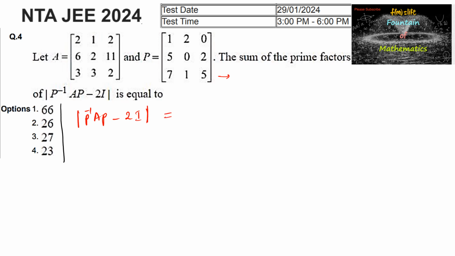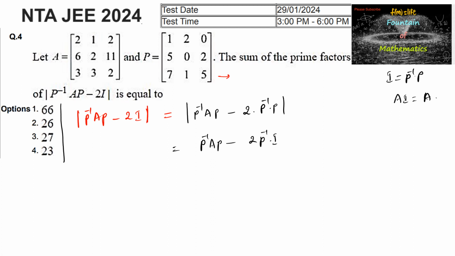So we can rewrite this as P inverse A P minus 2 into, here identity matrix we can write as P inverse into P. And we also know that A into identity matrix is again matrix A. So P inverse A P minus 2 P inverse into identity matrix into P. So from the left side, if I take P inverse common, and from the right side P common, then we have A minus 2I.